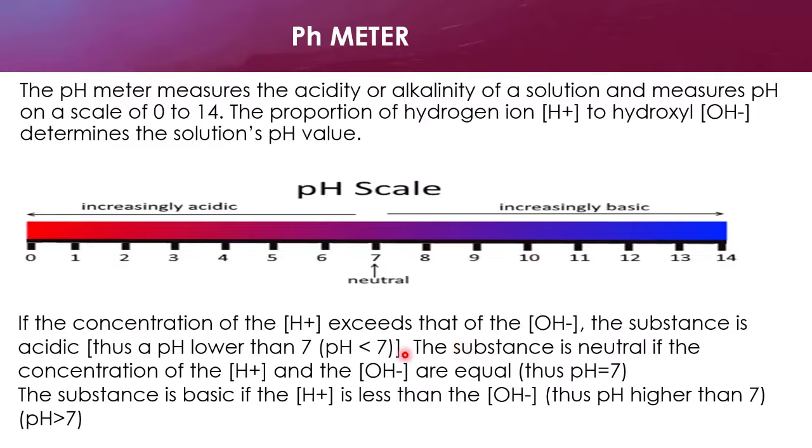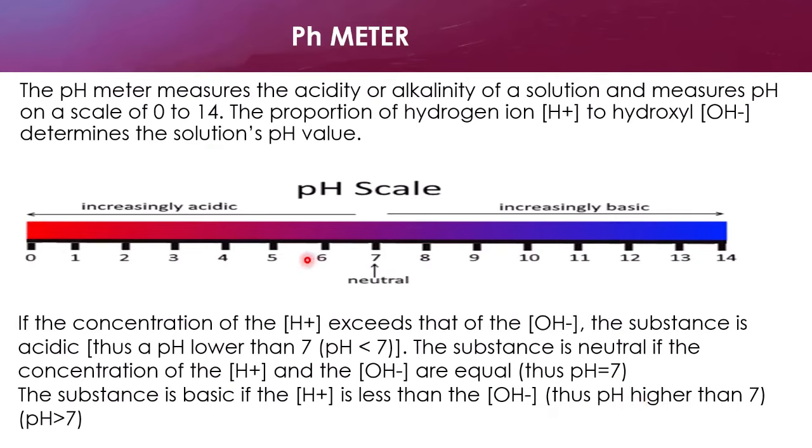The substance is neutral if the concentration of the hydrogen ions and the hydroxyl ions are equal. So that's a pH equal to 7. And the substance is basic if the hydrogen ions are less than the hydroxyl ions. And in this case, pH is higher than 7.